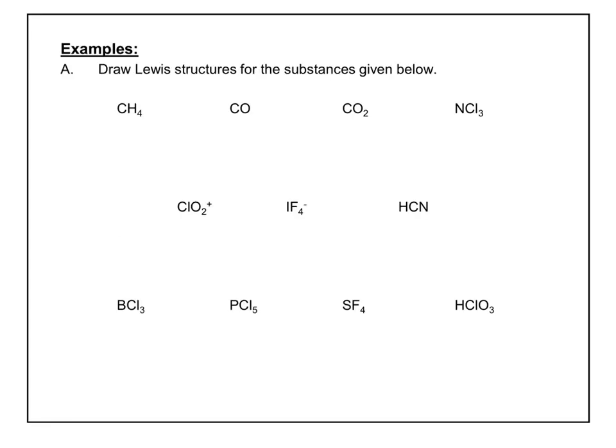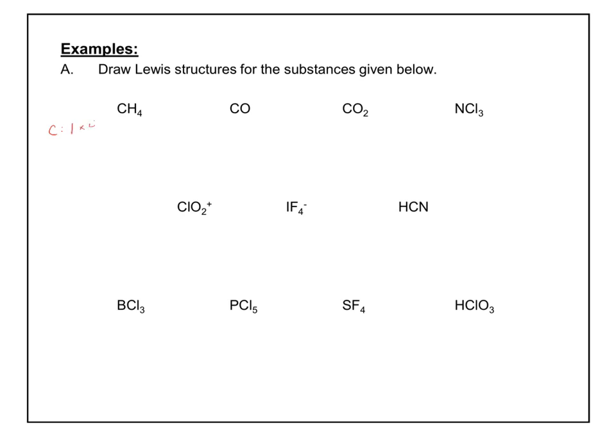Our first example here is CH4, carbon tetrahydride, more commonly known as methane in organic chemistry. First step is we have to determine the total number of valence electrons. So I'm going to divide it up. I've got carbon, and we'll do this in red. Carbon is in group 4, so it has 4 valence electrons, and there's only 1 carbon.